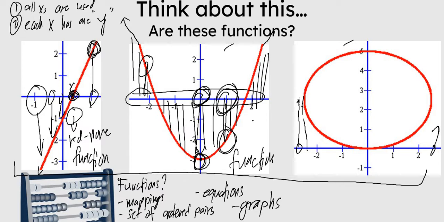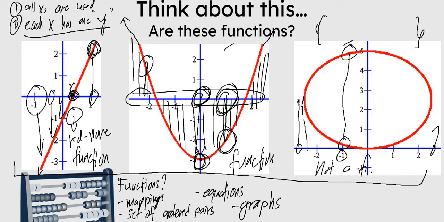However, we have to point out that this might be just like a set of ordered pairs, that what we mentioned a while ago, that those who are not part of it are not really mentioned. So, we have to check if each x has one y instead. And as we can see, for this specific x, it has this y and this y. That's why this is not a function.